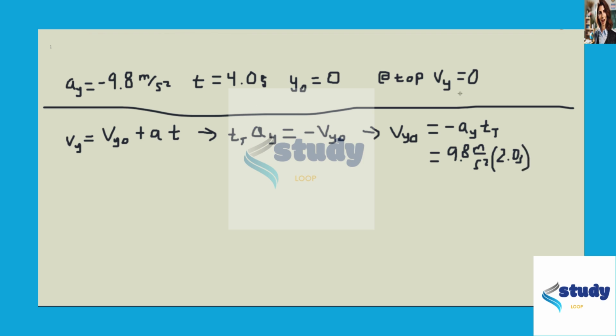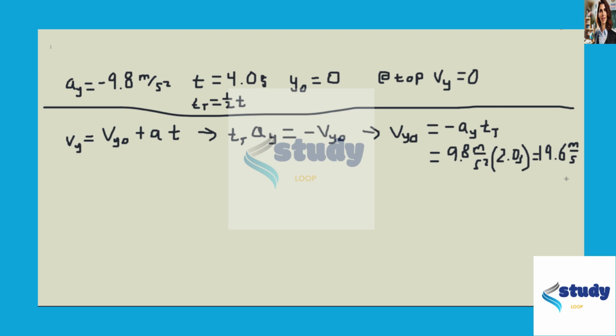We can write this up here: t at the top is equal to 1/2 t. And if you carry this out, you find that this equals 19.6 meters per second.